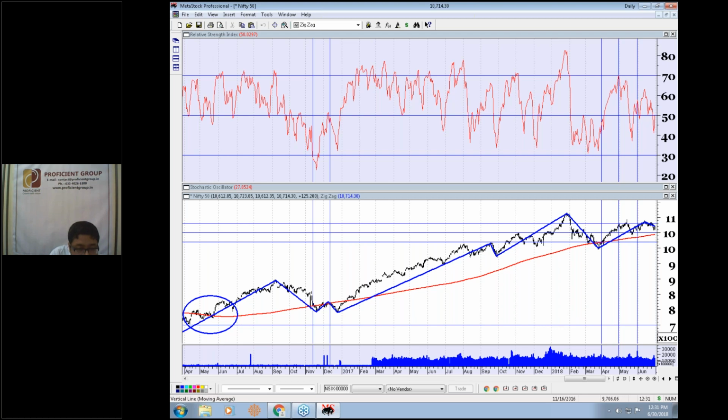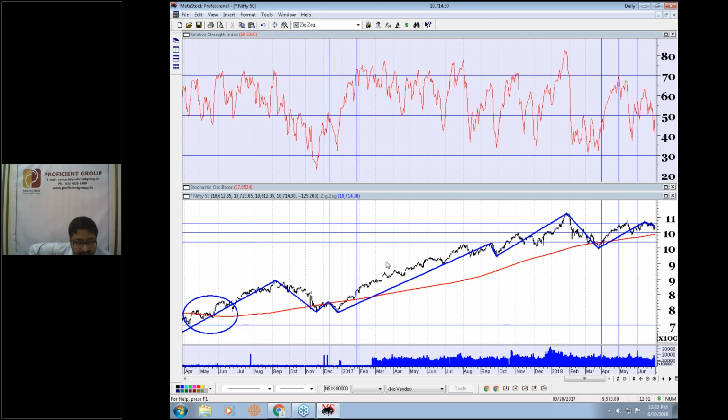Say for example, here in this period, this was January 2017, when the market was just recovering from the end of 2016 pullback that occurred because of the shock of Donald Trump being elected as the president in the USA, or some surgical strike occurring back here in Kashmir or whatever.